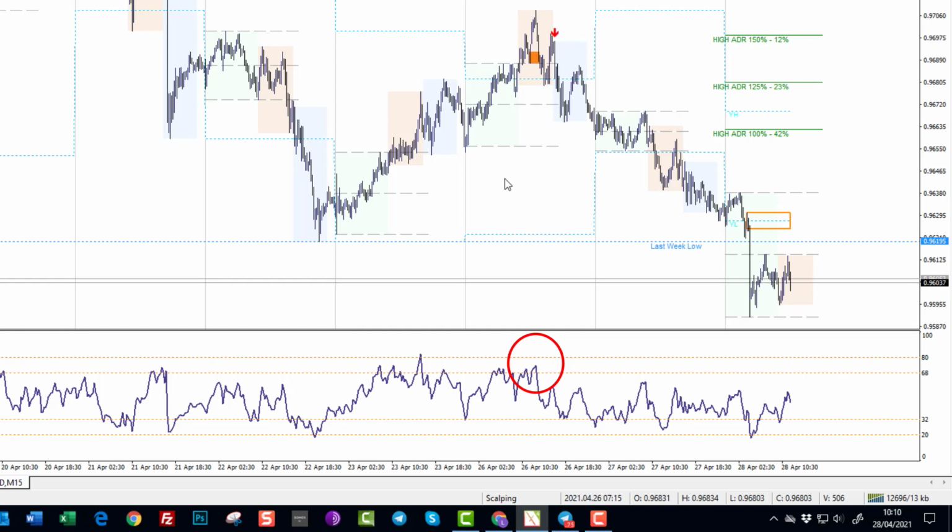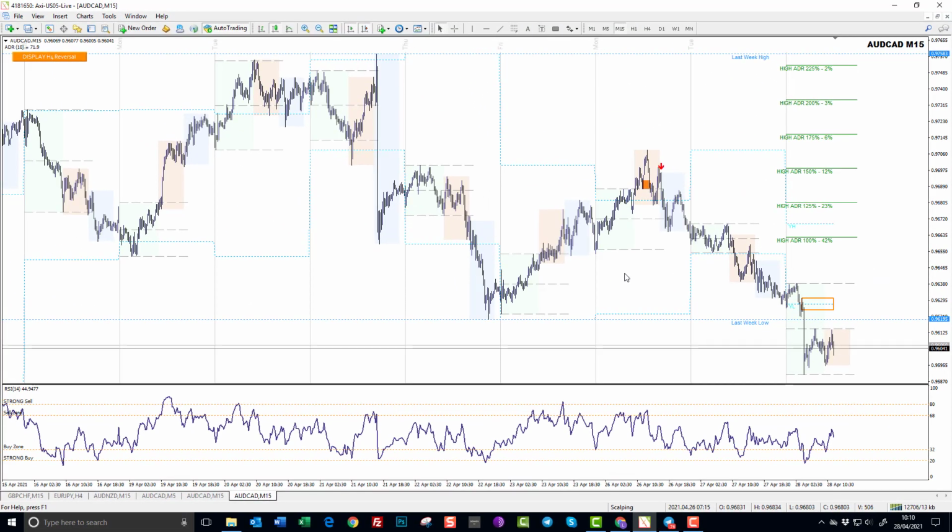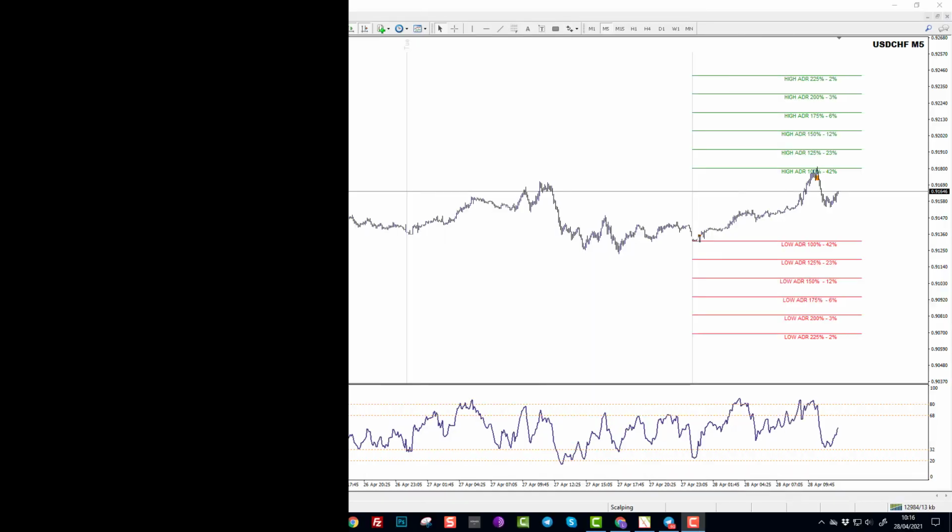So 68 or 80, anywhere above those levels would be a perfect confluence level for the indicator. Okay, so that is your multi-time frame bias pullback strategy.